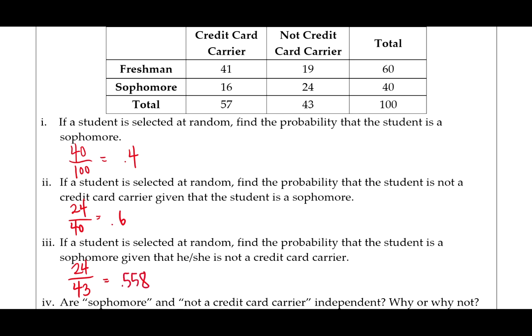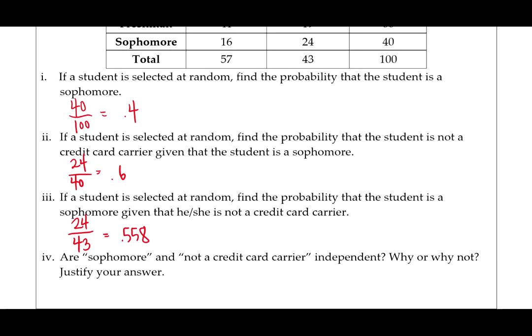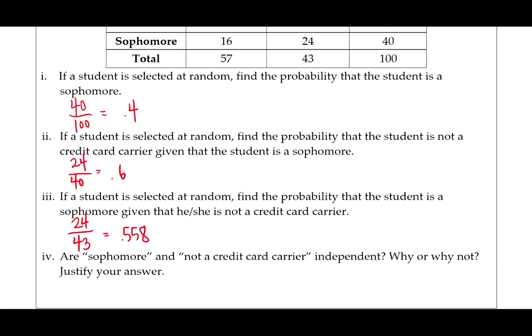And finally, part 4, are sophomore and not a credit card carrier independent? Why or why not? Remember that independent events mean that knowing one event happened does not change the probability of the other event happening. Well, let's look at some of these probabilities that we calculated. We calculated the probability of just being a sophomore, which is 0.4.